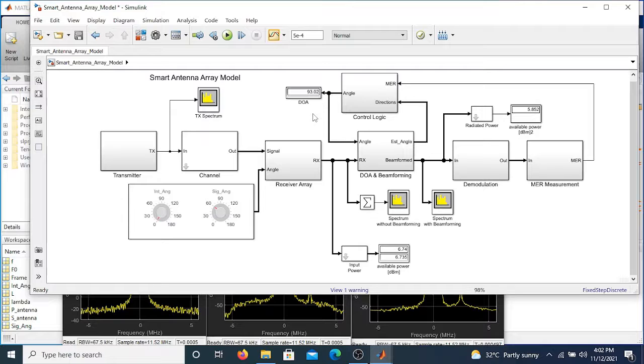Finally, the way this simulation model works is almost the same as the MATLAB code simulation, where every time you run the simulation, a new set of array weights is generated. But in the Simulink simulation, we don't have complex array weights as we did in the MATLAB code simulation.